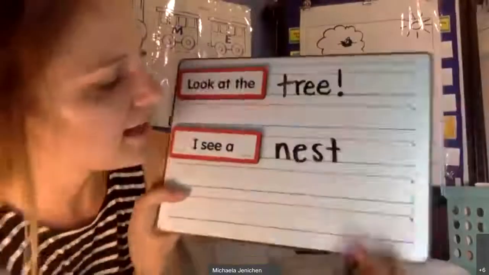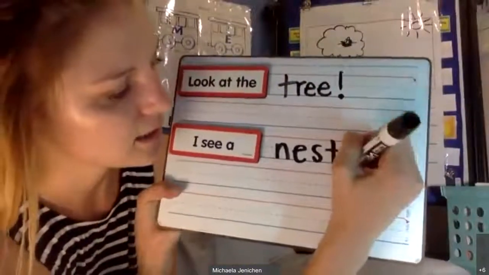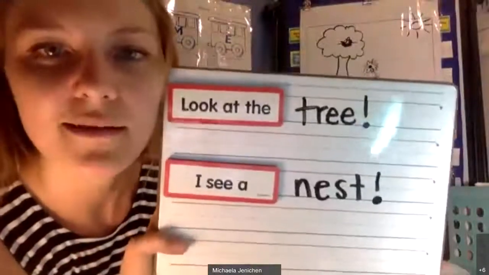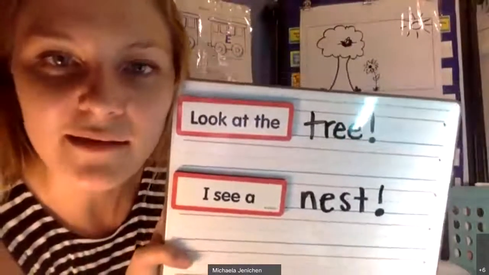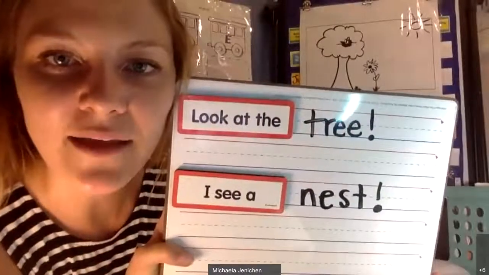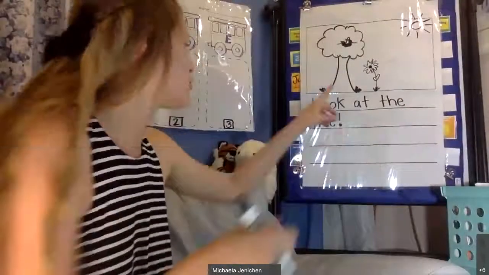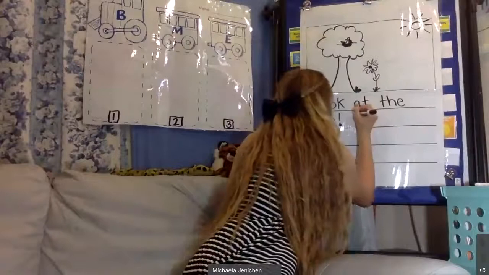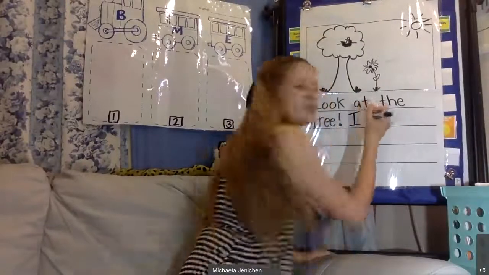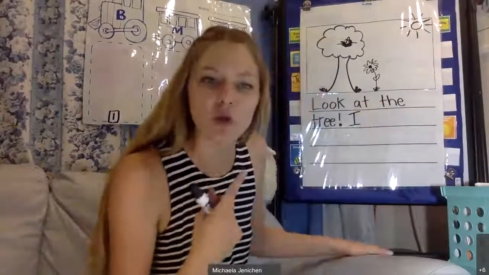I see a nest. Yeah? Look at the tree. I see a nest. Look at the tree. I see. Do you hear how I'm saying it over and over again?